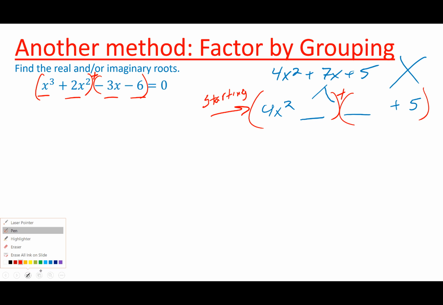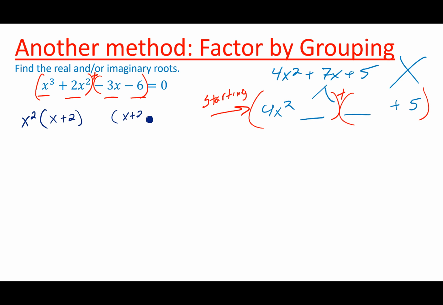We just work the same way, where now we look at, can we factor out a greatest common factor? For this one, I could factor out x squared, and so it'd be x plus 2. I know this one has to be x plus 2 as well, and so if I brought out a negative 3, that would complete my line above. So that'd be negative 3x minus 6, still all equaling 0.